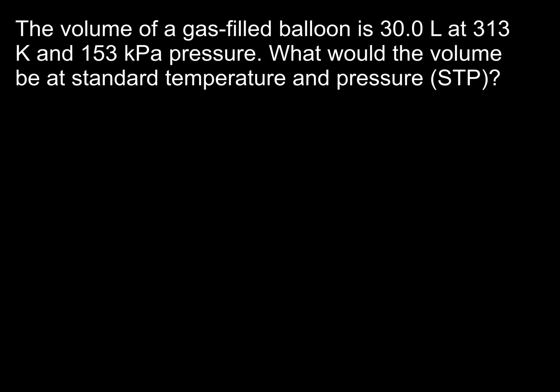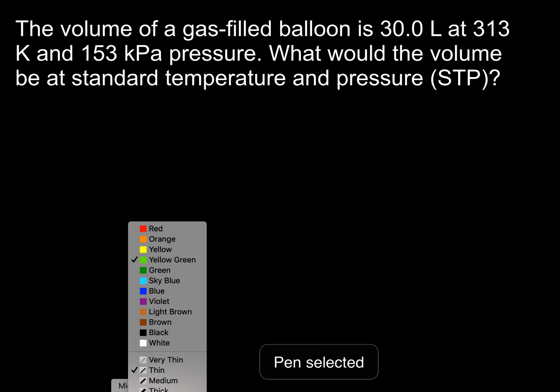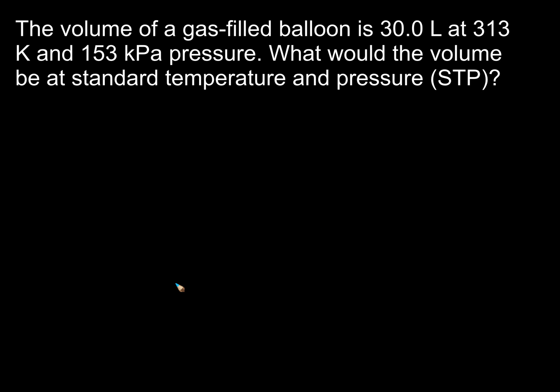So the volume of a gas-filled balloon is 30 liters at 313 Kelvin and 153 kPa pressure. What would the volume be at standard temperature and pressure? Okay, so we look here.